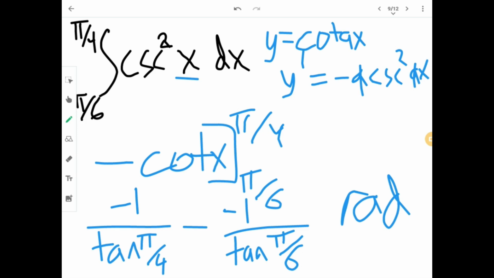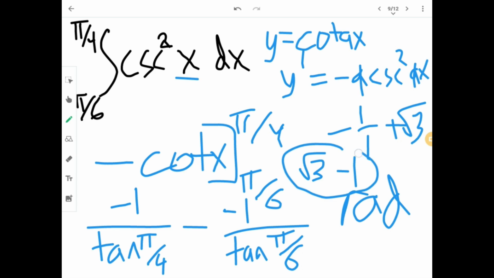So pi over 4, it's minus 1 over 1, and then tangent pi over 6, it's 30 degrees, so sine is half, and cosine is root 3 over 2, so it becomes 1 over root 3. So minus 1 over root 3, so this becomes positive, and root 3. So the answer is root 3 minus 1 for this whole question.